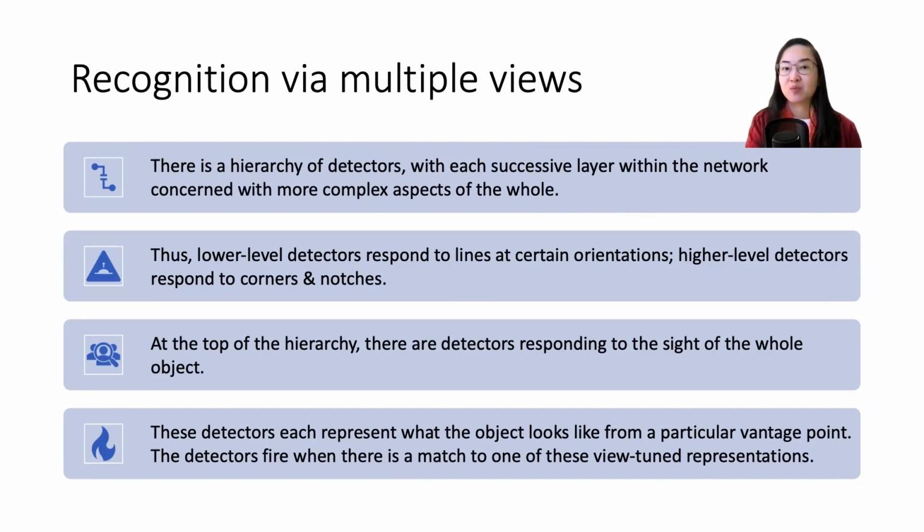Higher-level detectors respond to corners and notches. At the top of the hierarchy, there are detectors responding to the sides of the whole object. These detectors each represent what the object looks like from a particular vantage point. The detectors fire when there is a match to one of these view-tuned representations.